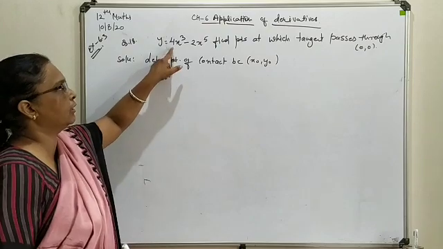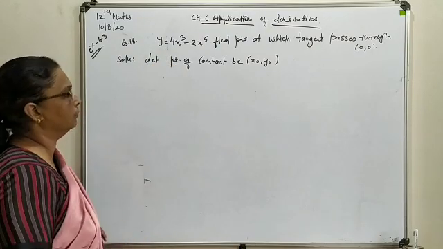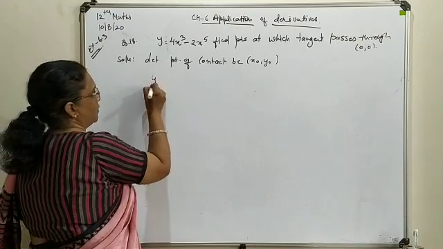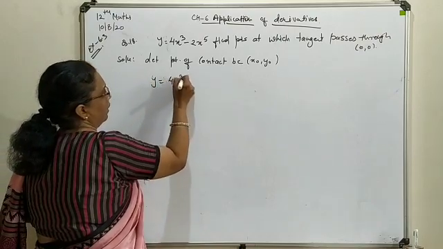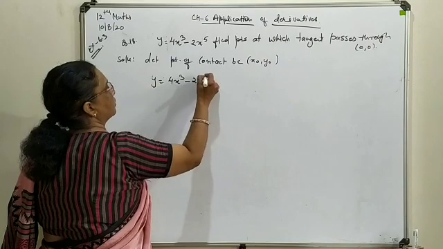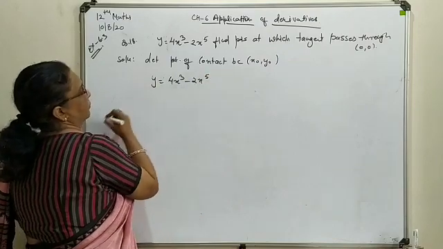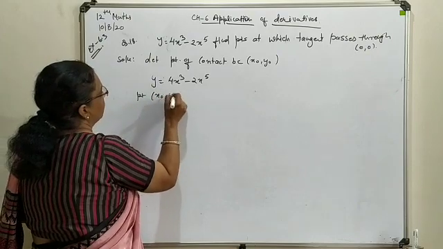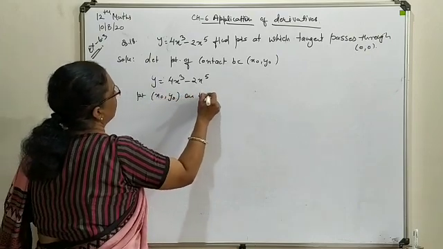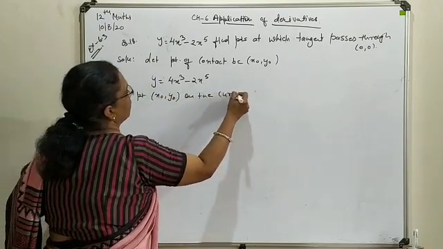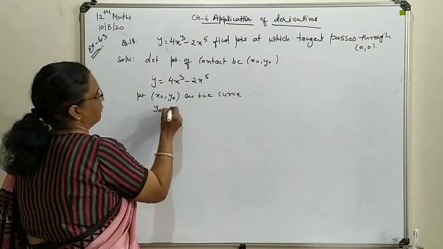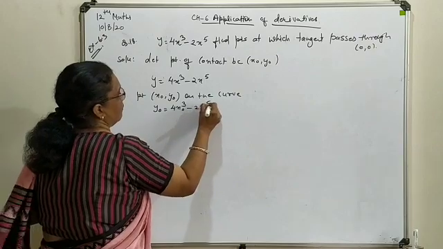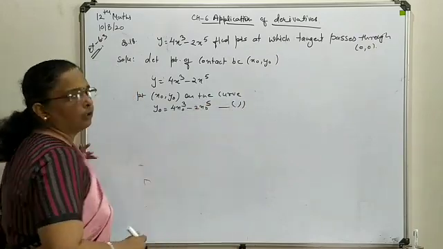So anyhow it will satisfy the equation of the curve. For your reference we will write here, afterwards it will be used also: point (x0, y0) on the curve. On replacement it will be used afterwards. This we can treat as equation first.